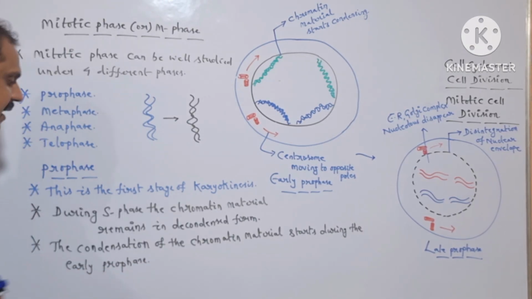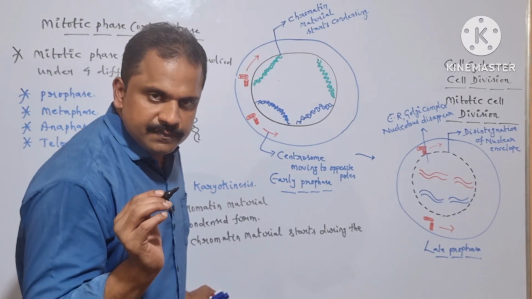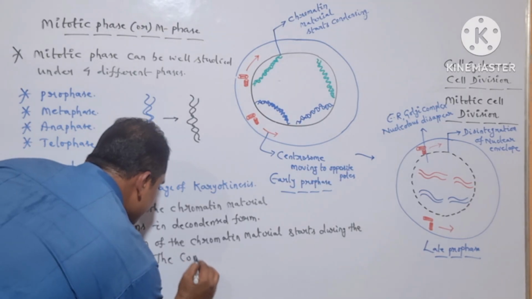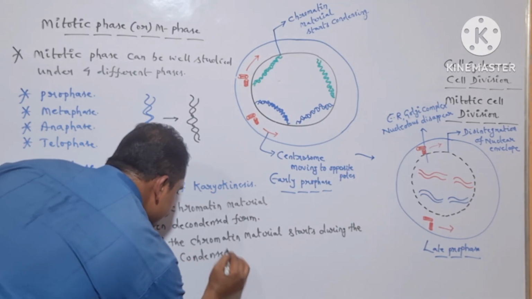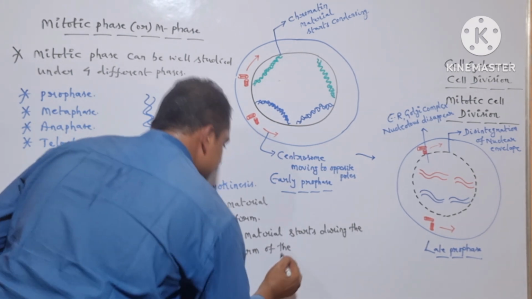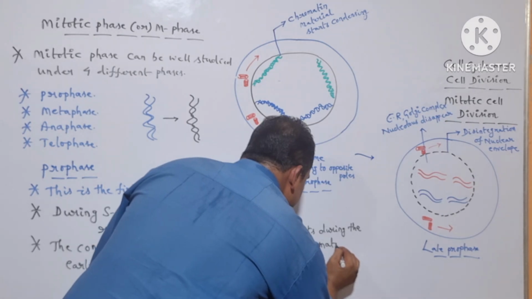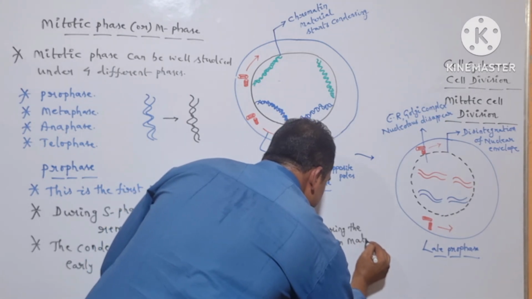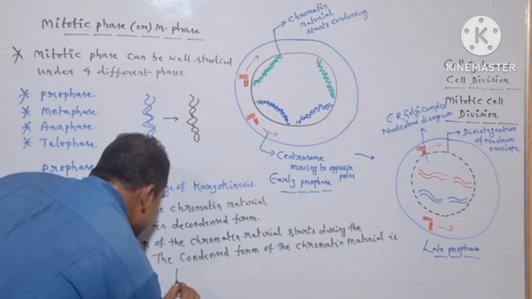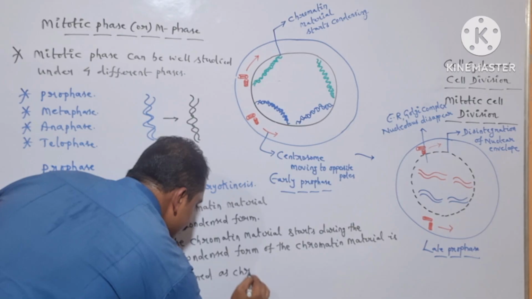And the condensed form of the chromatin material is otherwise known as chromosome. The condensed form of the chromatin material is termed as chromosome, right?